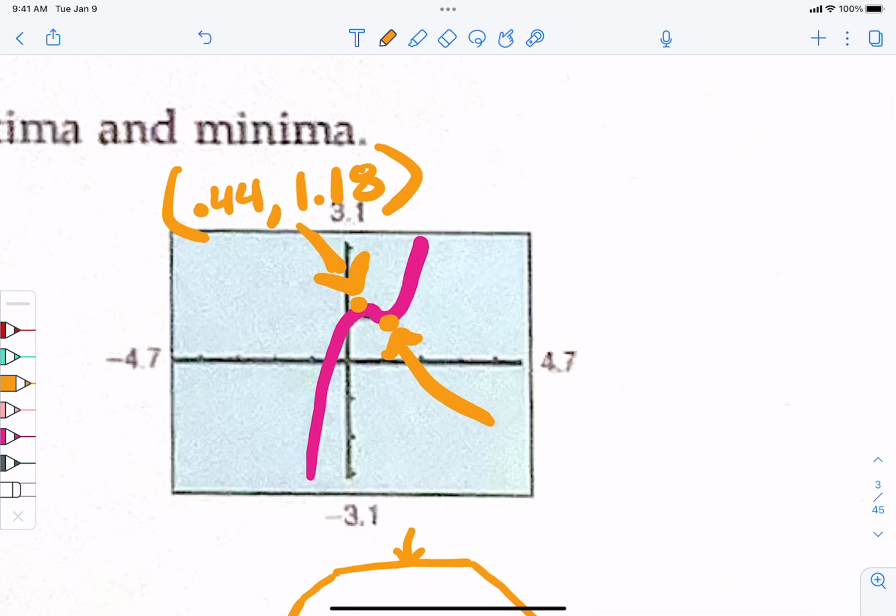Does somebody have the bottom one? 0.625. I got 0.773 for the x. I went to the middle, so I got close enough. 0.76 or 0.773? And for the y, it could be 1.15.